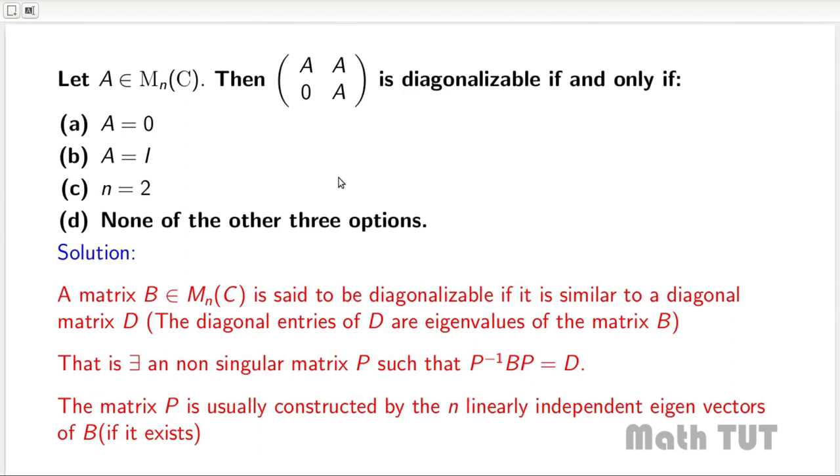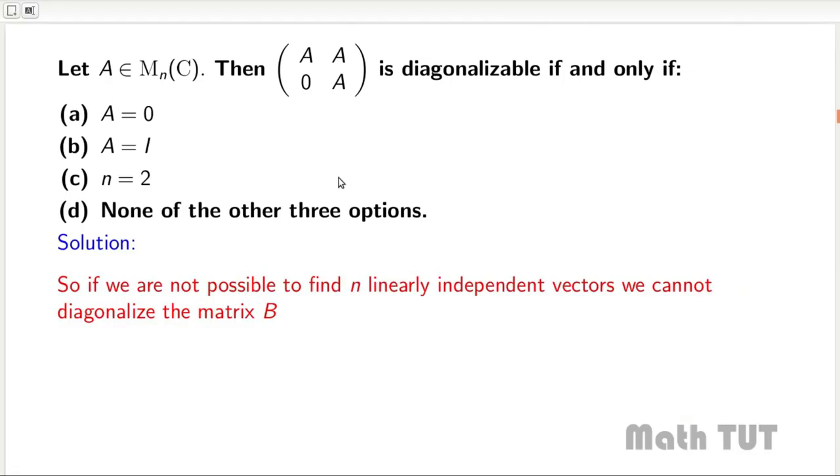If B has n linearly independent eigenvectors, that means if you find the eigenvalues of B and get exactly n linearly independent eigenvectors, then we can say the matrix is diagonalizable. It is yet another characterization, but all are the same. If you're not able to find n linearly independent eigenvectors of this kind, then the matrix is not diagonalizable. We cannot diagonalize the matrix.